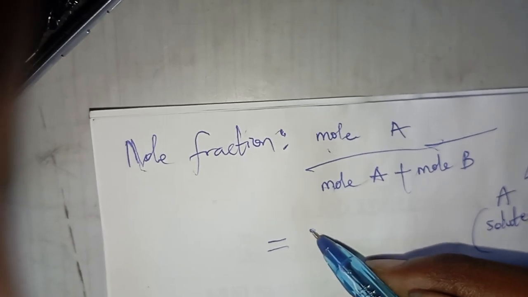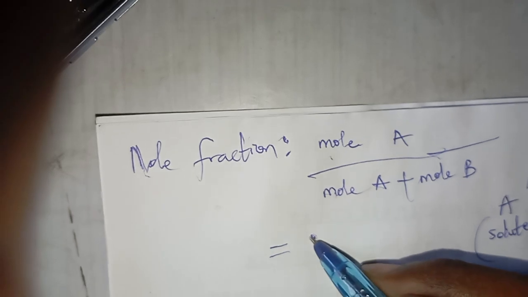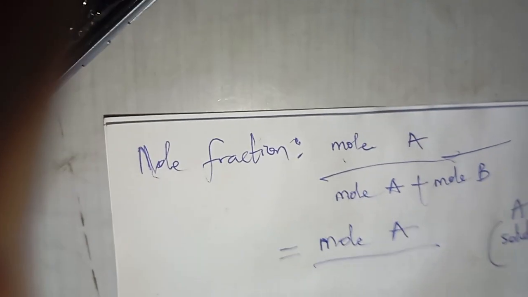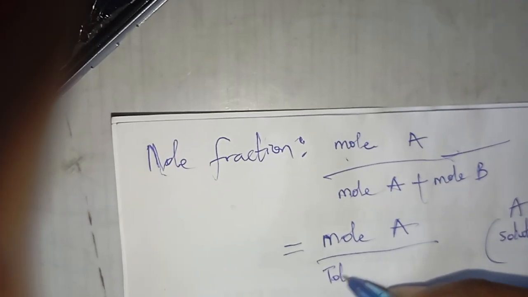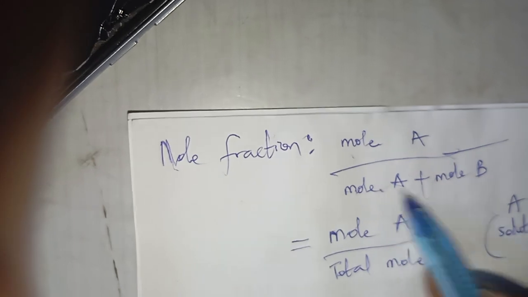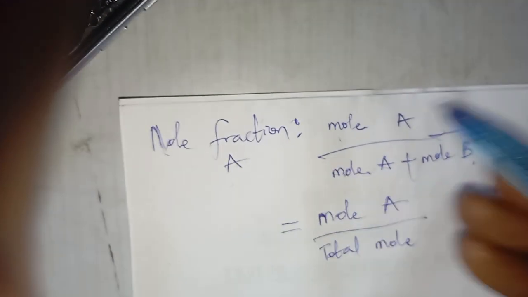So mole of constituent divided by total mole of the mixture or solution is what you know as mole fraction. So this will now be mole A divided by total mole. This is the same thing, because A plus B gives you this. So that means mole fraction of A is going to be this.